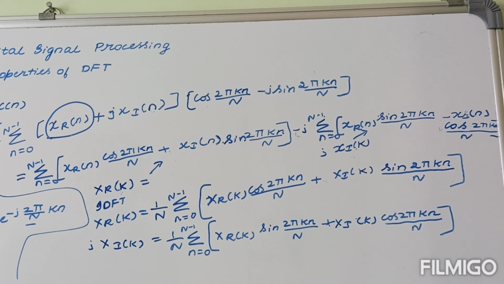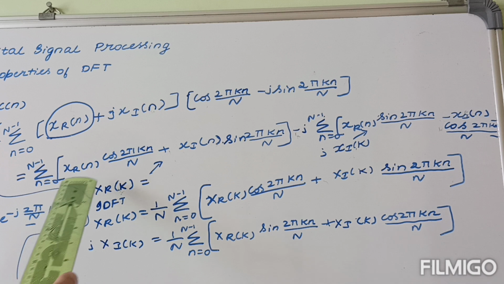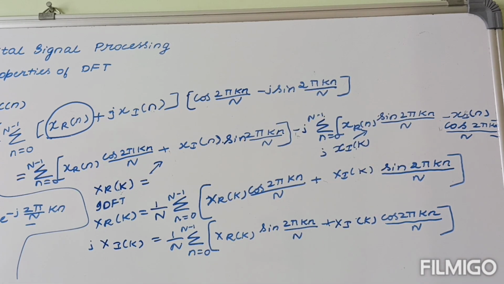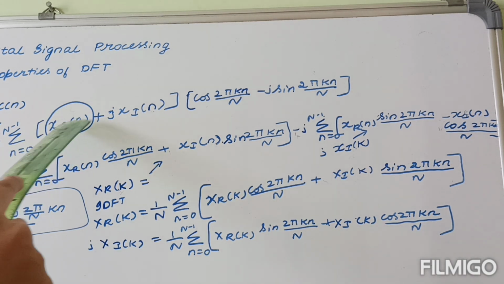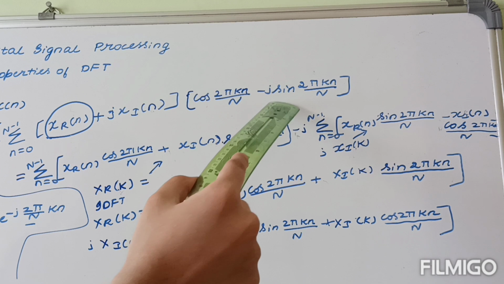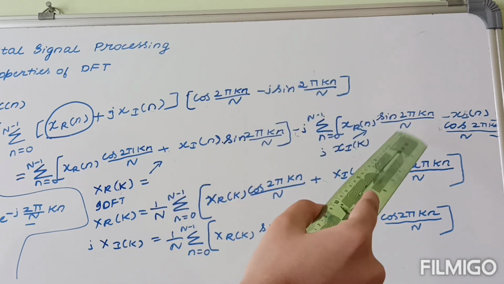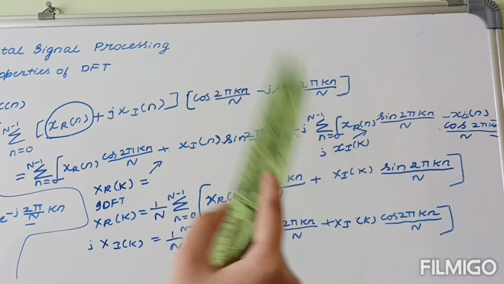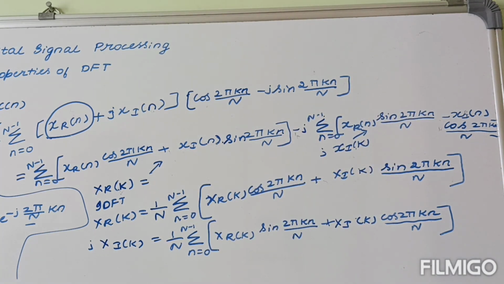Fine. Yes. So now here we have taken all the j terms together. Which are the j terms? The j term is this xr of n into minus j sine 2 pi kn by N. You have taken xr of n into sine 2 pi kn by N, and this minus j is outside. Why is minus j outside?